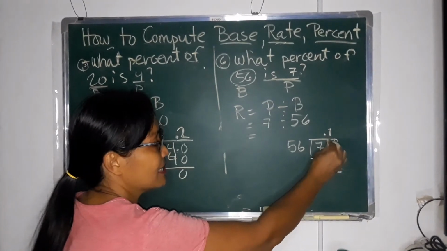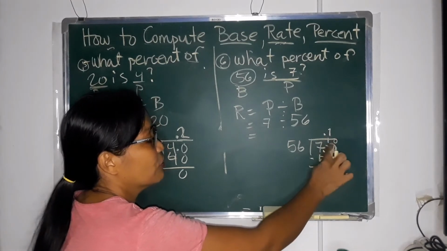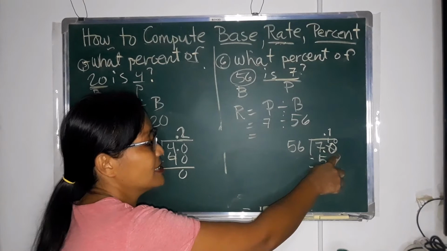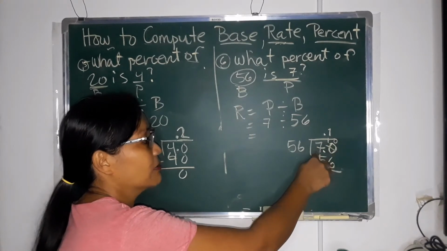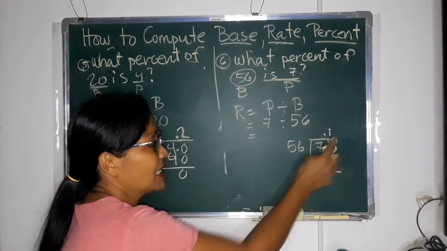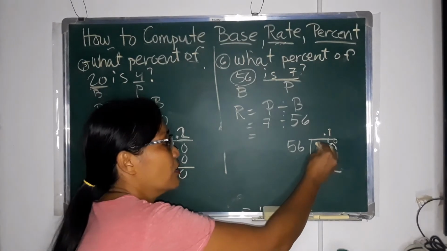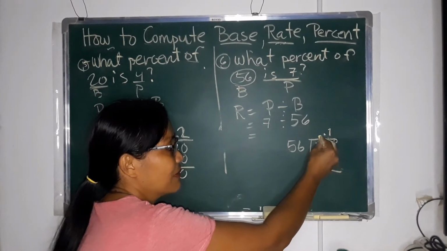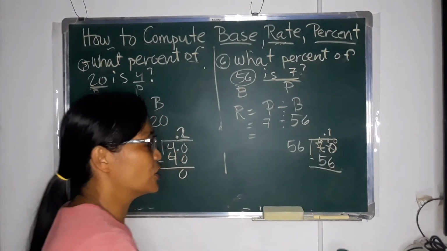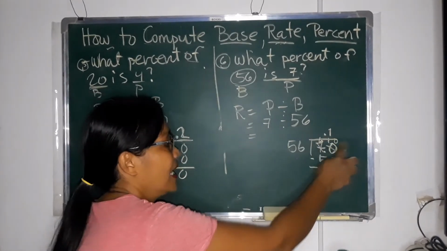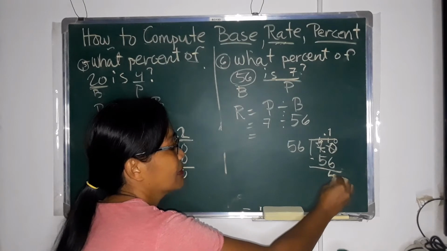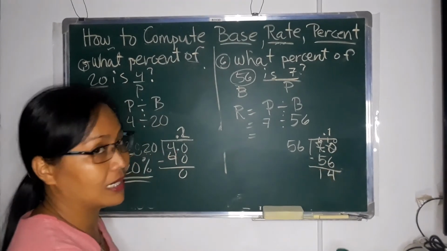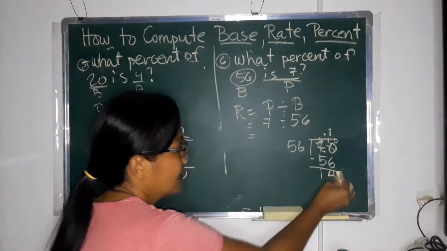Mag-borrow tayo since 0 siya. So, yung 1 doon, hindi lang 1 yan. Ibig sabihin, kasi ito, 1s ito, 10s ito. So, magbabaro tayo ng 10 dito. That's why naging 10 yung 0. So, itong 7, bawasan natin ng isa kasi hinram natin, naging 6 na siya. Okay? So, 10, bawasan ng 6, meron tayong 4. 6, bawasan ng 5, mayroon pang natirang isa. Next, 0.